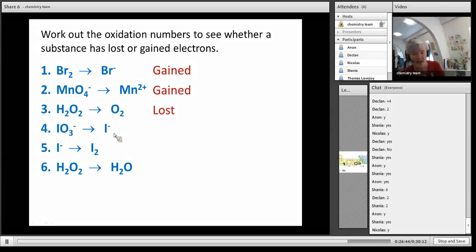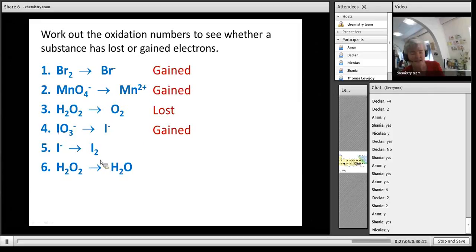Iodate to iodide, it's +5 there, going to -1. So it's gained a lot of electrons. It'll have gained 6 electrons to go from +5 all the way through to -1.